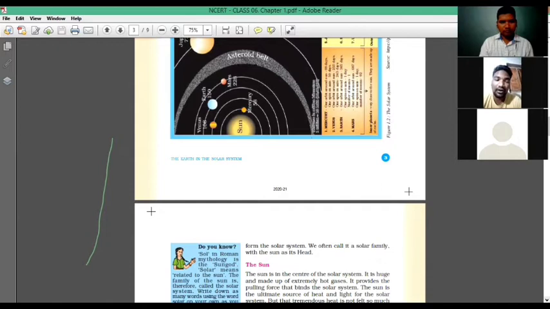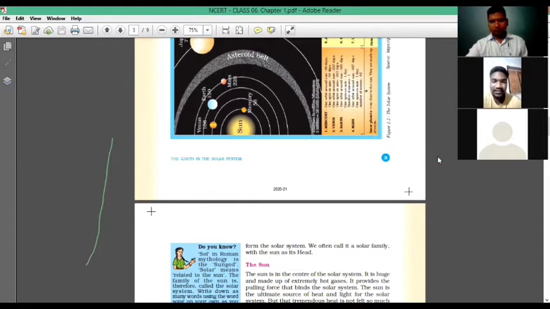All the planets have their own orbit, and they move around the Sun through their own orbit. Coming to the Moon, you all know that the Moon is a satellite of Earth, and the Moon takes around 27 days to complete a circle around Earth.